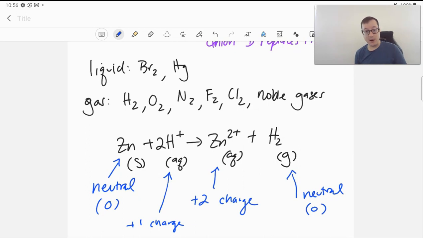Remember that the only way for ions to form, or charges to form, is by transferring electrons. So we're going to see all single replacement reactions will fall under the category of reactions called redox reactions, which are electron transfer reactions.